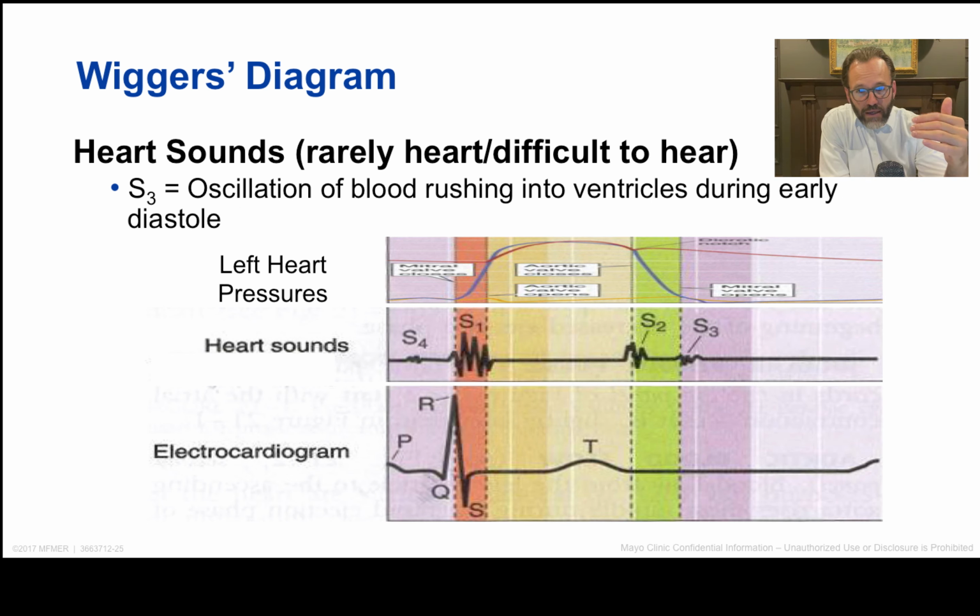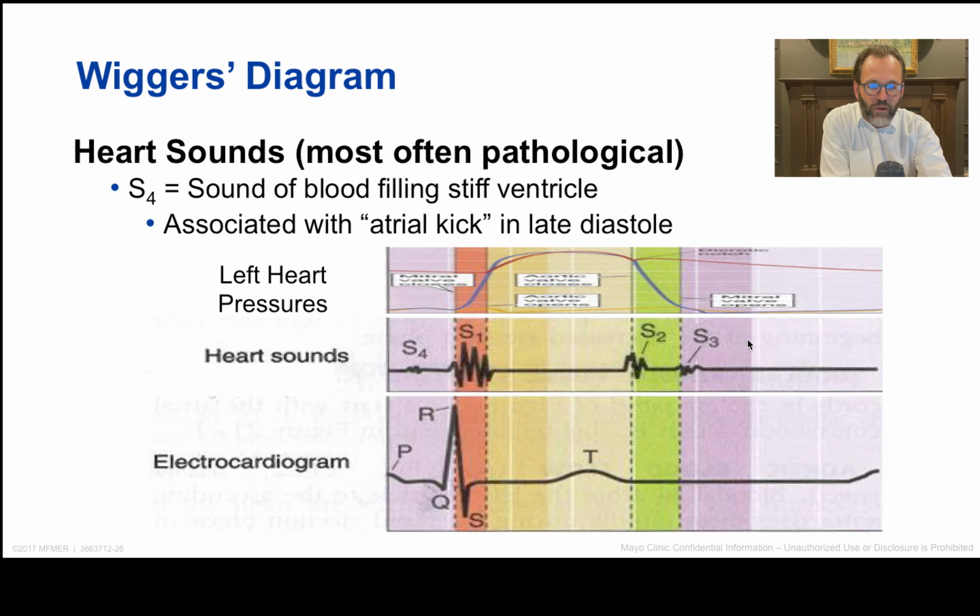For the S3 sound, now we're getting to more rare sounds, or sounds that might be indicative of pathology. Here, the S3 sound is largely representative of oscillation of blood rushing into the ventricles during early diastole. So during the very early phases of rapid cardiac filling, that is when there's potential for the S3 sound to be heard.